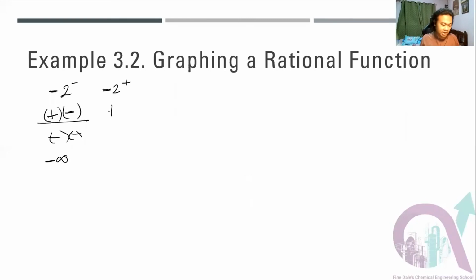Unsa man ang trend niya, no? So positive, negative, positive, negative, di ba? So positive. So meaning, it goes to positive infinity. Pasaka siya.